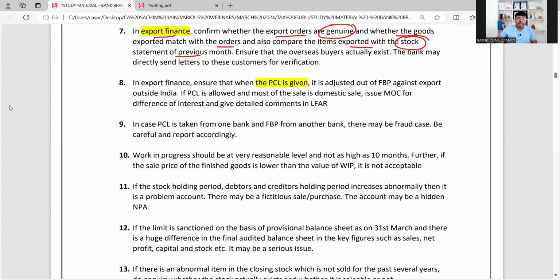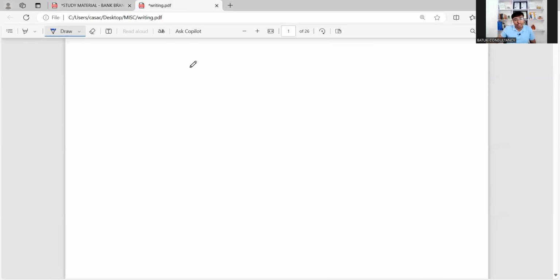Now, export finance: when the packing credit limit is there, we need to ensure that export is there. Okay, when you check the packing credit related file, you need to check the financial statement, and through the analysis of the financial statement you need to confirm the sales. Suppose packing credit is for 10 crore rupees, a packing credit to Mr. X for 10 crore rupees.